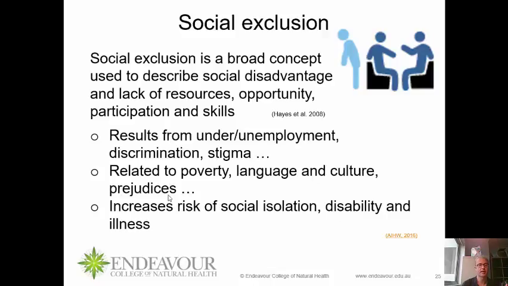So one of the factors that's very likely to be causative or associated with that higher level of suicidality in those people is the social exclusion that many of those people have traditionally experienced. And that's why things like the marriage equality law that was passed last year in Australia are so important in normalising the existence of these minorities in Australian society and saying, well, actually, you're no longer excluded.